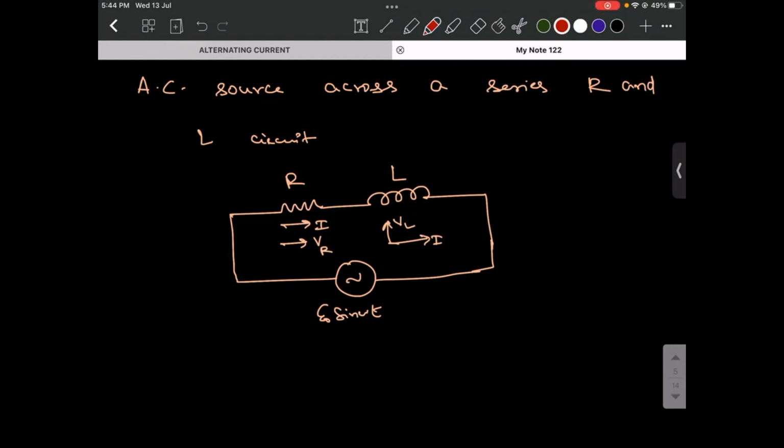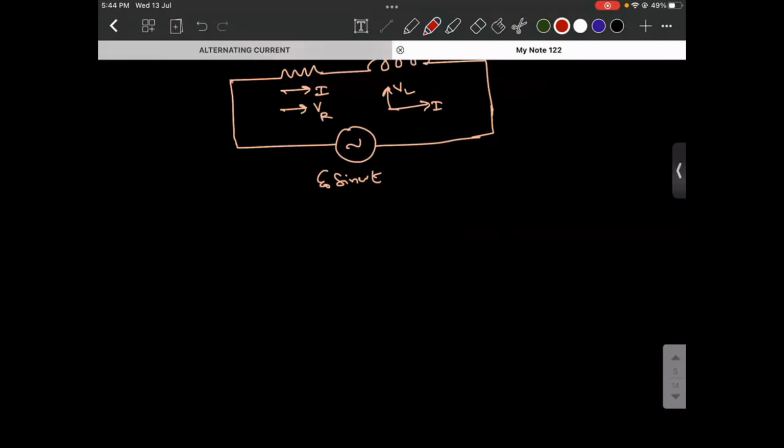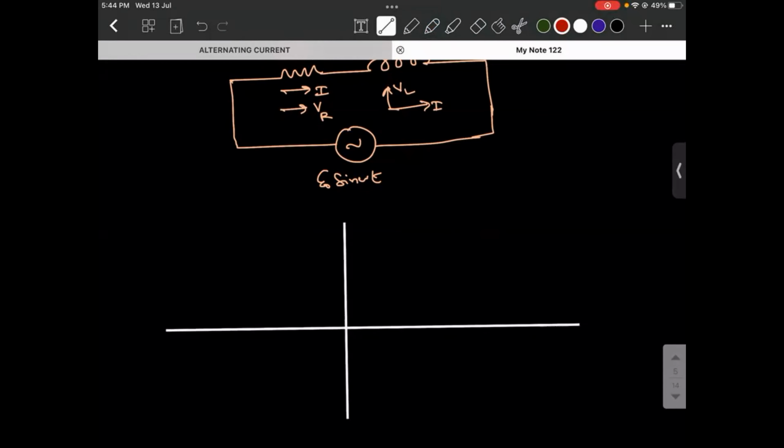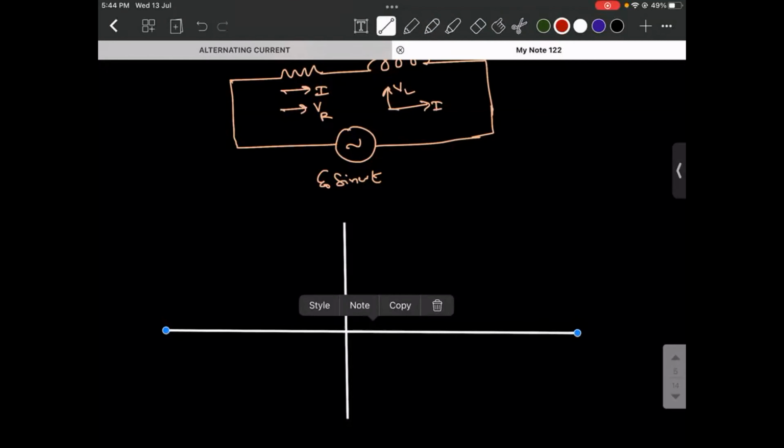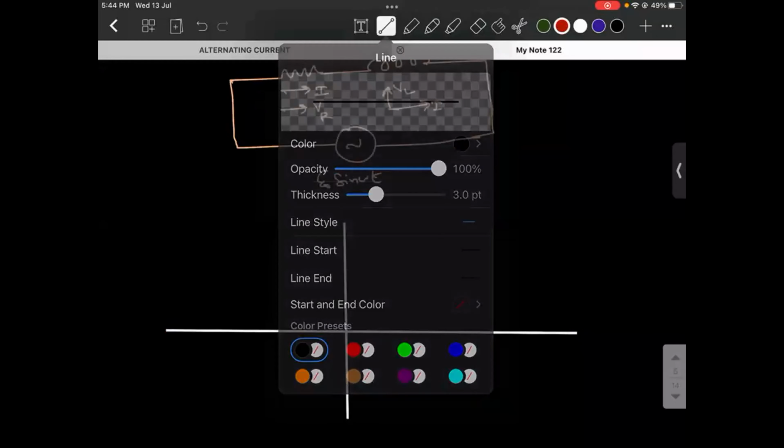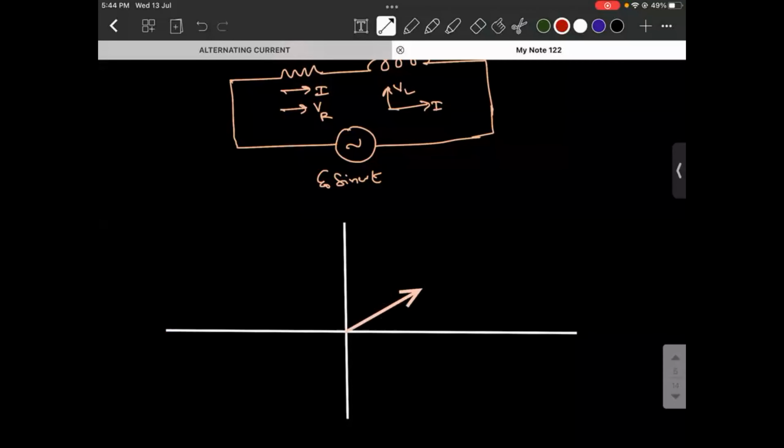Why? Because in the case of an inductor, voltage leads the current by pi by 2. So when you combine these two and draw it on the same graph, this is VR, then this will be VL. So how will V effective be?